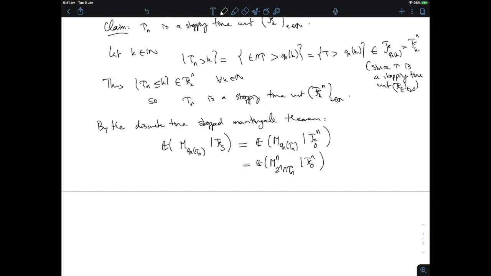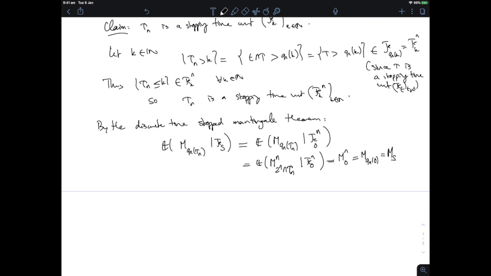But if I condition on F naught, and because my discrete time martingale is a martingale, I get M_0^n. And what is M_0^n? Well, it's m of qn of 0, which is m of s. So conditioning m of qn of tau n on F_s, we get m of s.